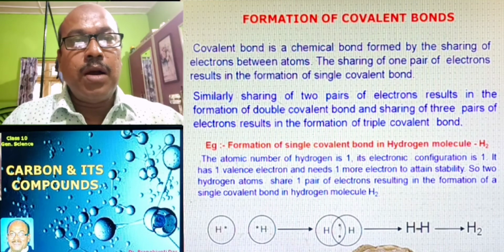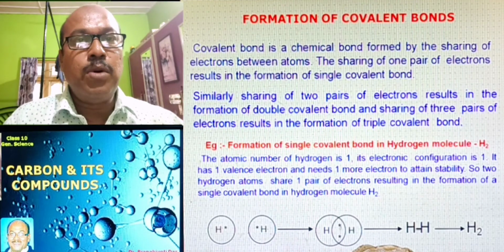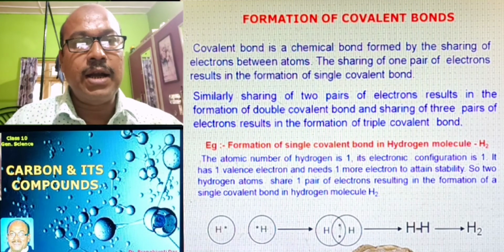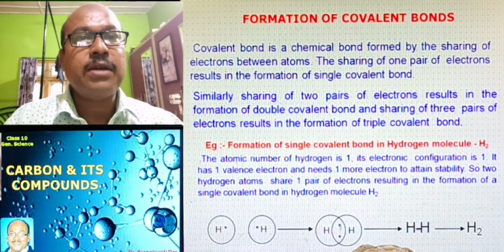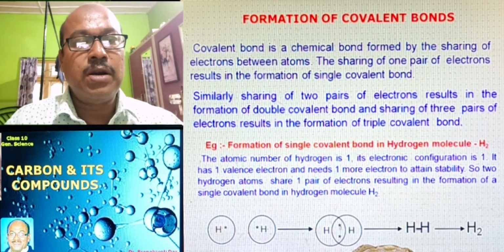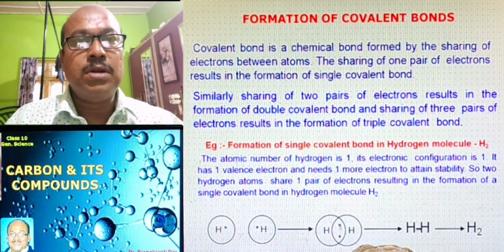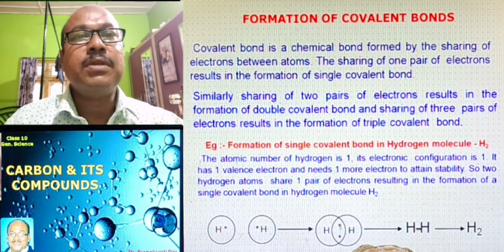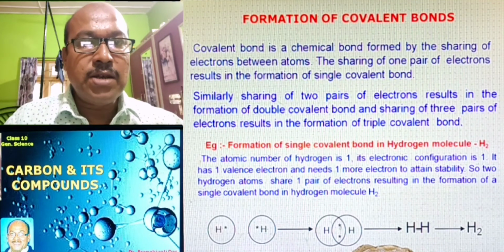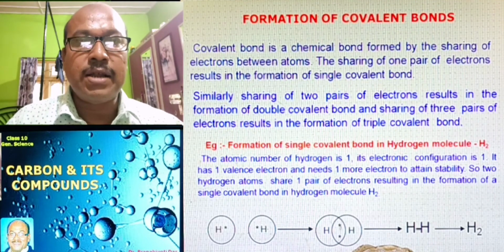So when hydrogen needs to get one more electron from another element, hydrogen will share the only electron that is present in its outermost, meaning the only orbit it has around the nucleus. Whatever electron it has, it will be shared with another hydrogen atom.